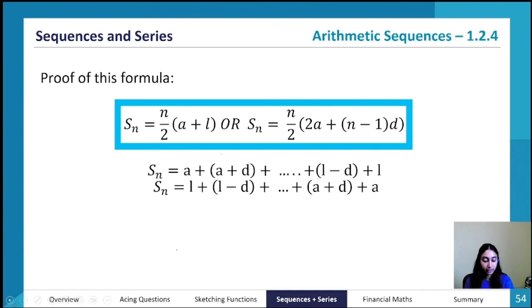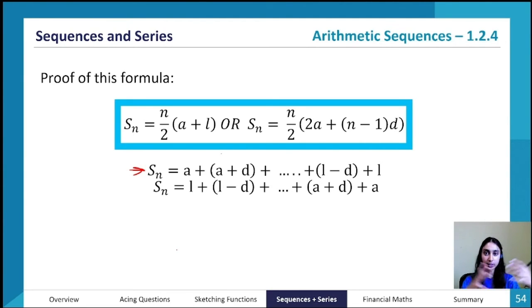So the way that this formula was derived is there was this German mathematician, which I can't remember his name, but he pretty much just defined the sum of n numbers to be term 1 plus term 2 plus term 3 plus term 4 plus blah, blah, blah, which will be a plus a plus d plus a plus d plus d, and so on, so forth.